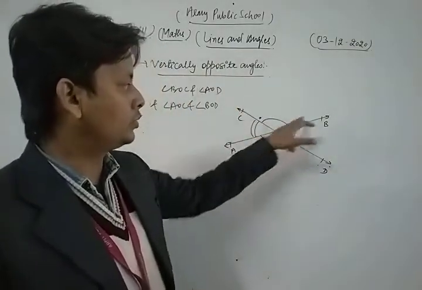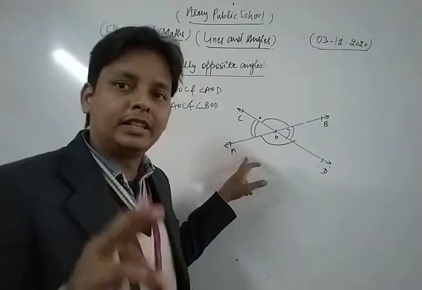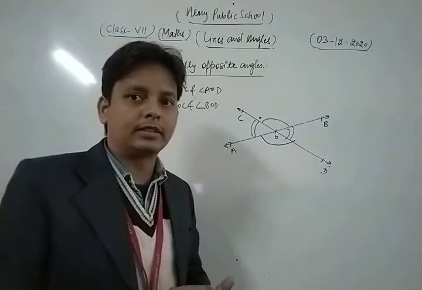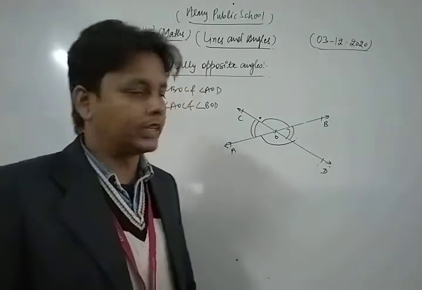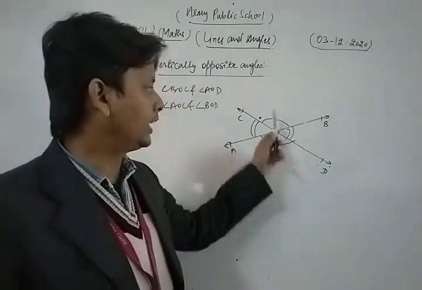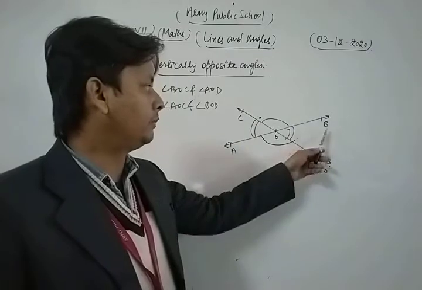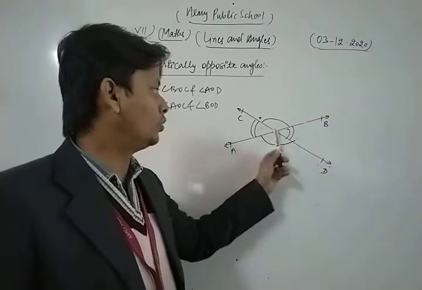So when two lines intersect each other at a point, there are two pairs of vertically opposite angles. One pair is angle AOD and angle BOC, the other is angle BOD and angle AOC.